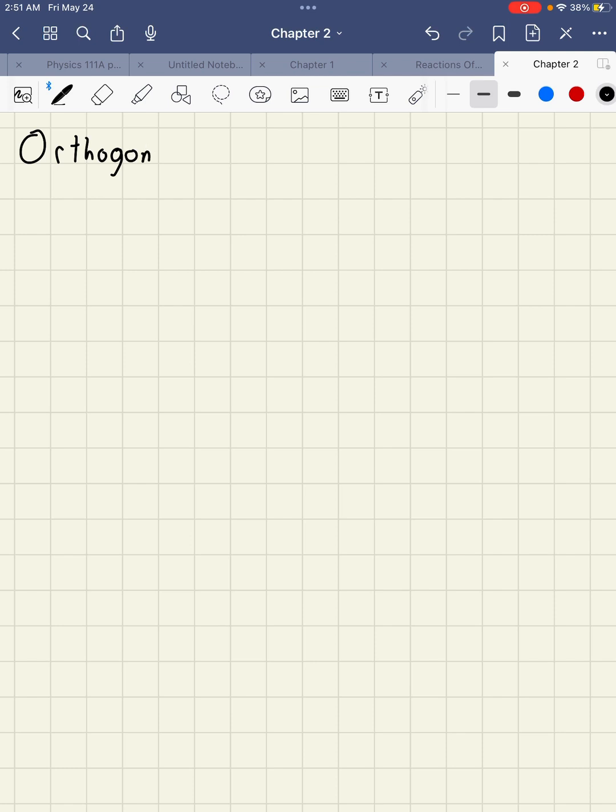Orthogonality of, in this case, our function, which is sine.